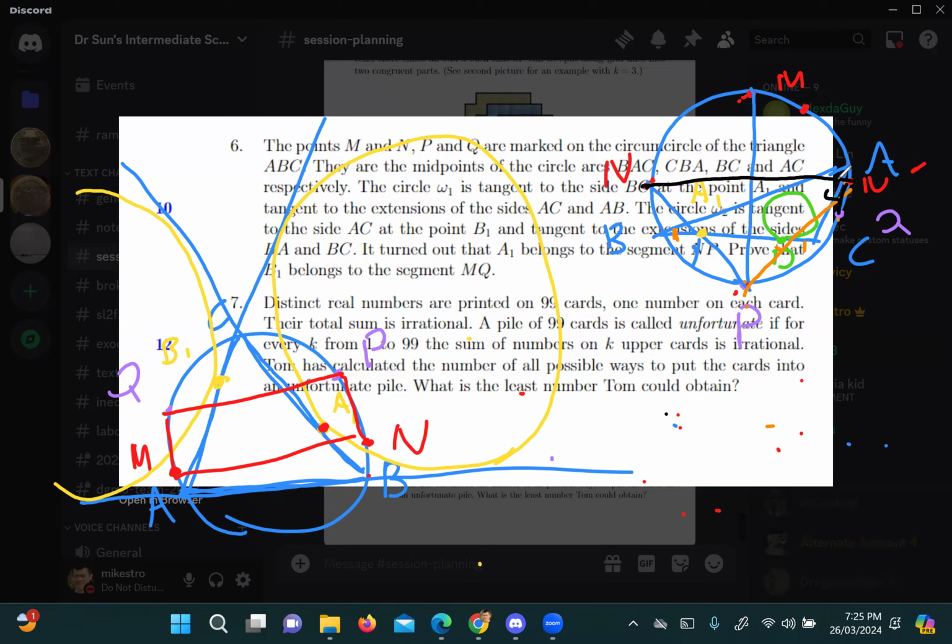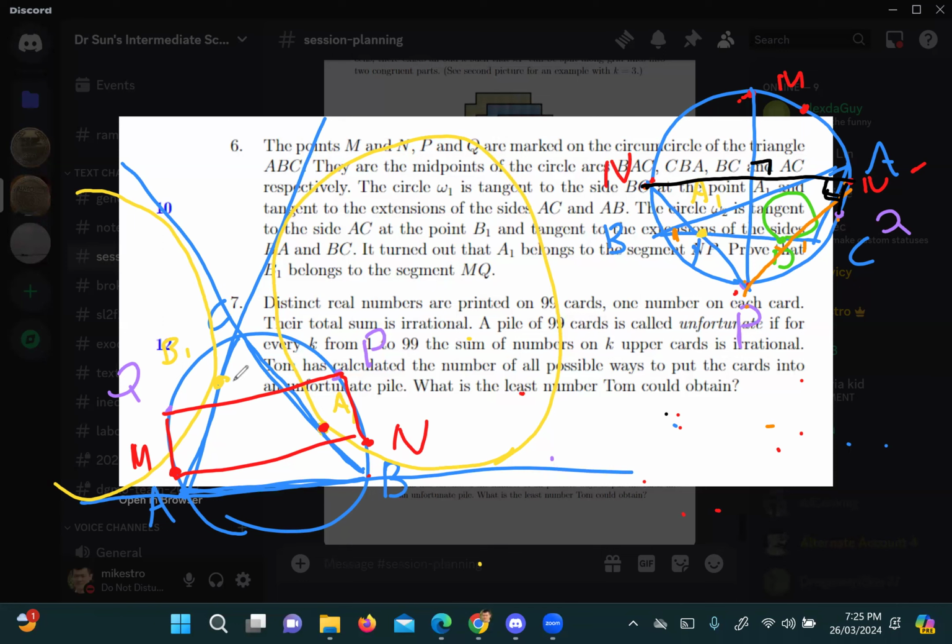So we get N prime perpendicular to MP, so it's parallel. But we know that MP is perpendicular to BC, so we know that N prime Q is perpendicular to BC. I should probably write this down.